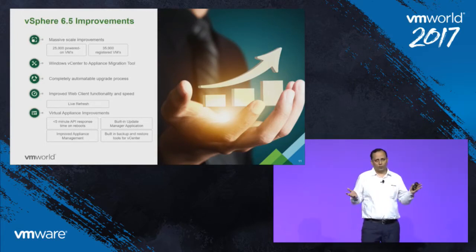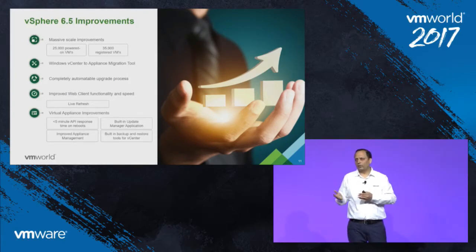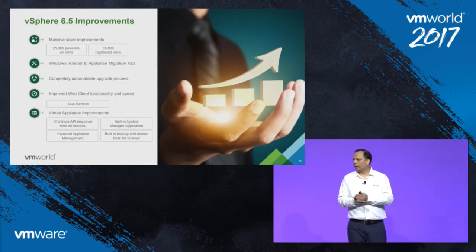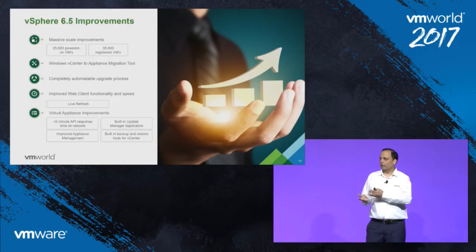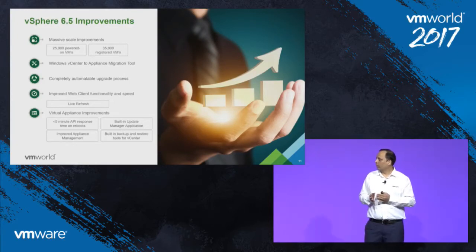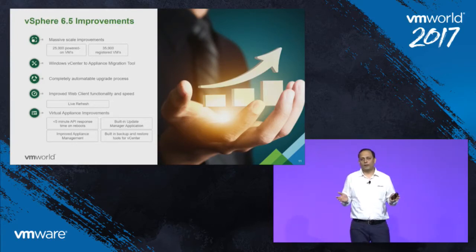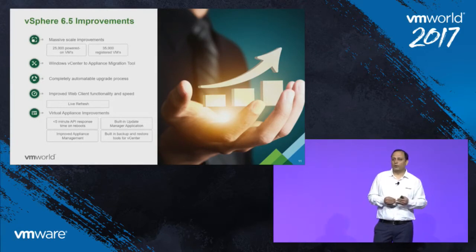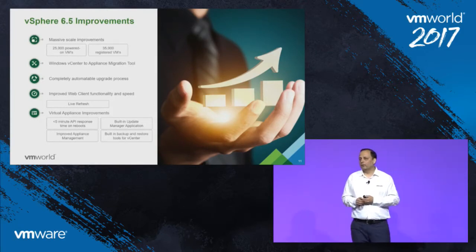Similarly, migration is an automated process now. If you are migrating from Windows vCenter to the server appliance, you just need to run the migration assistant tool on your Windows server, and it will automatically migrate all the data from your Windows vCenter to the server appliance 6.5. It has improved appliance management, where you can see database statistics in detail, apart from the compute and storage information.